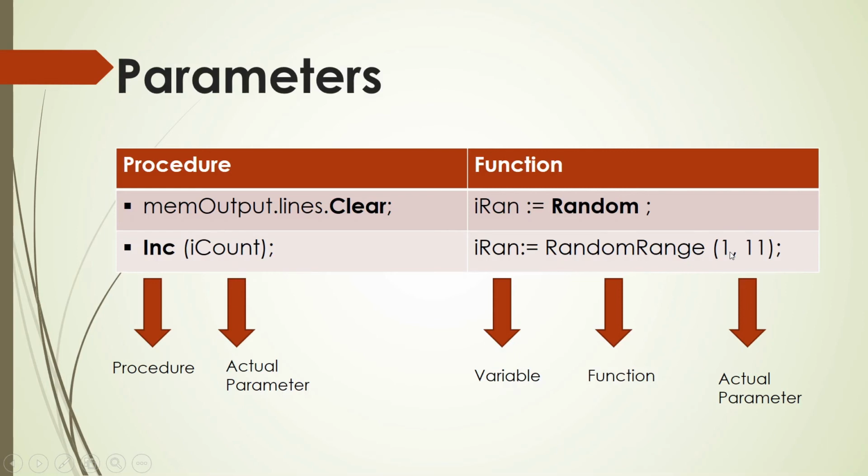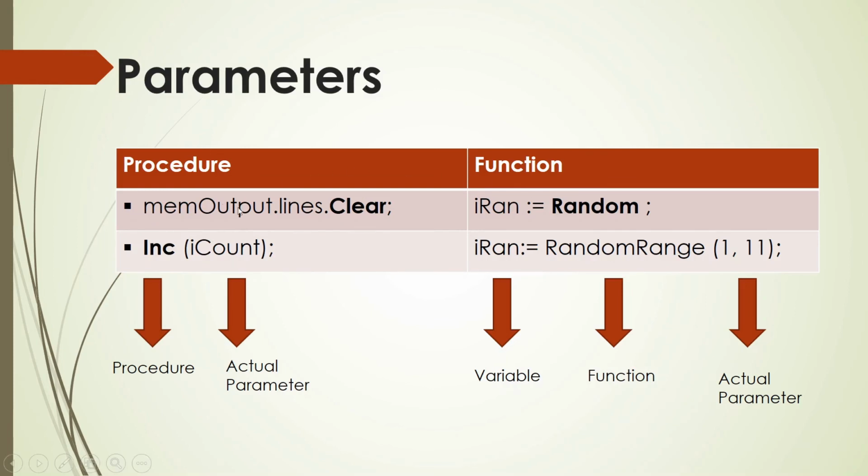Again, a parameter is a value that is brought into a procedure or a value that is brought into a function. But did you know that I could write a procedure and a function without bringing in any parameters? Let's take a look how we do this.